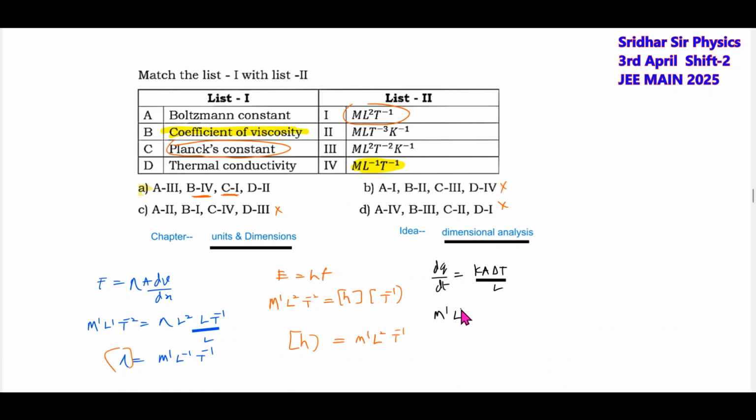This will be M1 L square T minus 3. Thermal conductivity K, A is L square, temperature is Kelvin, K1, and this is L. So dimensions of thermal conductivity will be M1, L1, T minus 3, K minus 1. So D will be 2.